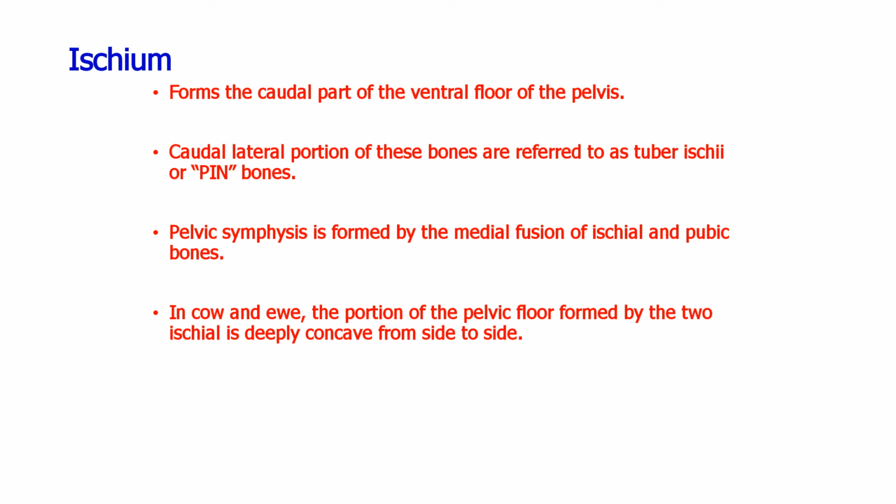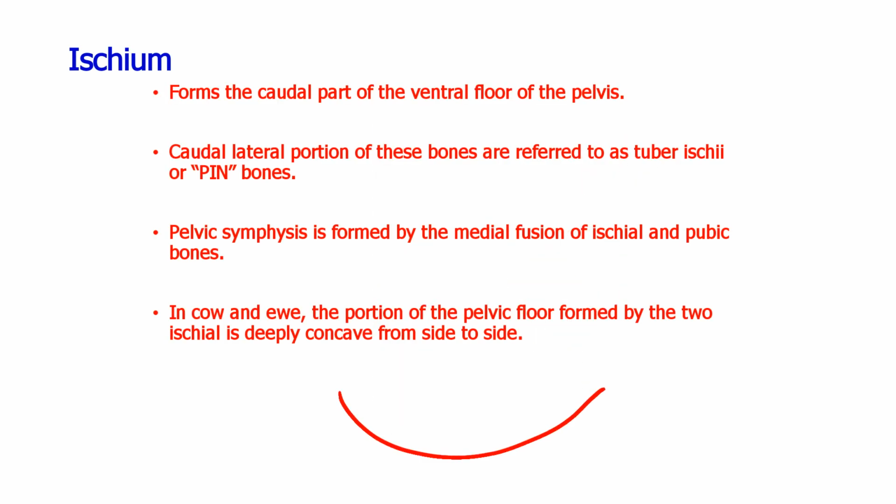Pelvic symphysis is formed by the medial fusion of ischium and pubis bones. In cow and ewe, the portion of the pelvic floor formed by 2 ischia is deeply concave from side to side. Concave, like this. Pelvic floor will be like this, to give more space for birth.